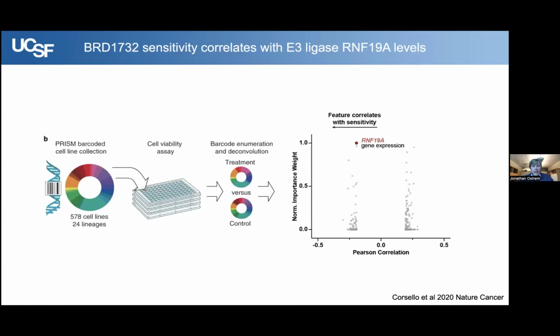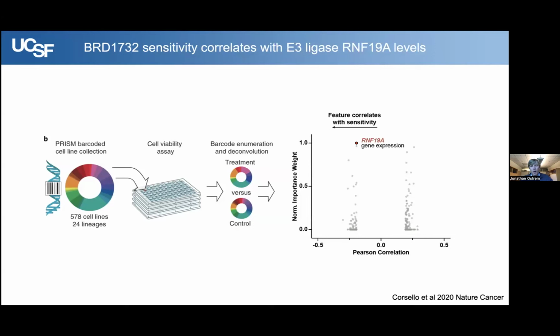To try to understand the mechanism in cells, we used this powerful platform at the Broad Institute called the PRISM platform, which is a panel of bar-coded cancer cell lines that have been highly characterized at the transcriptional level, proteomic level, mutational level, lineage, and it's possible to screen a perturbation of interest and pull out the features that correlate either with sensitivity or insensitivity.